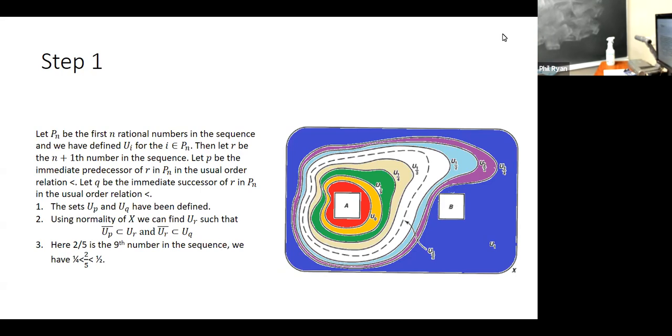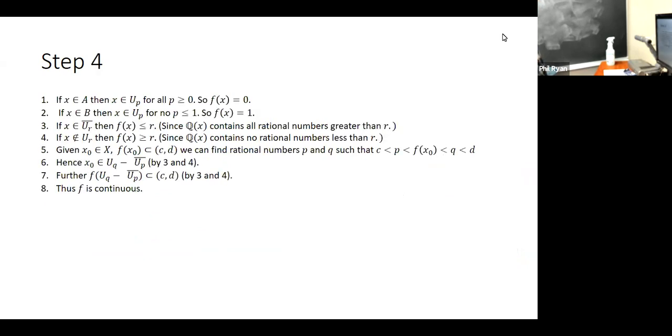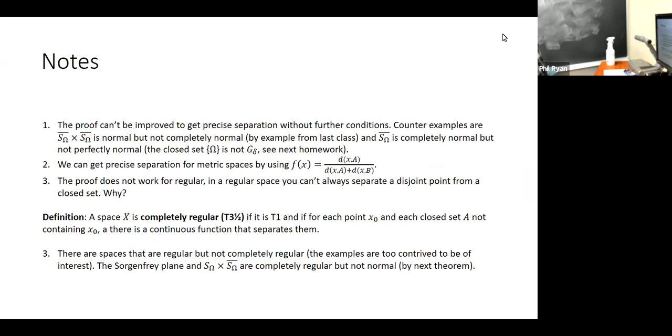Because, for example, this red area here, anything in there, f of that is going to be 0. And everything in the blue region here, f of that is going to be 1. So it's not precisely separated. So we need more things to be able to make it work.